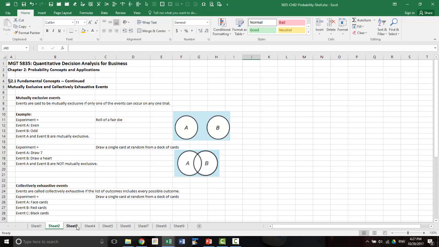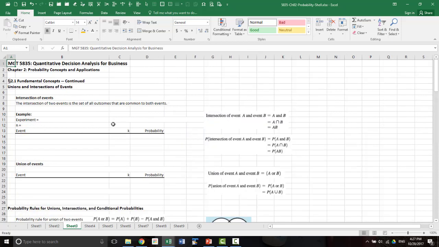That's called intersection. We'll illustrate that with our familiar example of drawing one single card from a deck of 52. How many possibilities are there in the sample space? N is equal to 52. Now let's define an event: draw a 7.